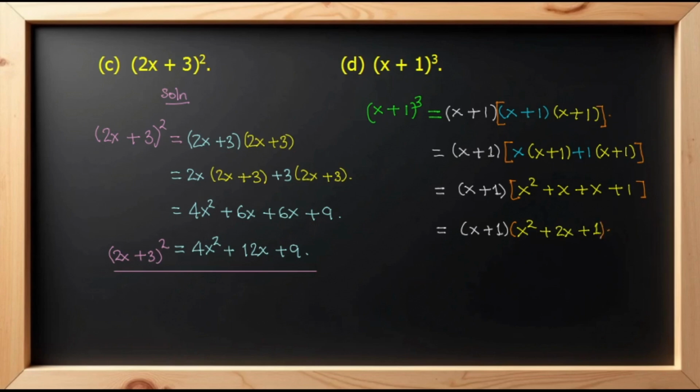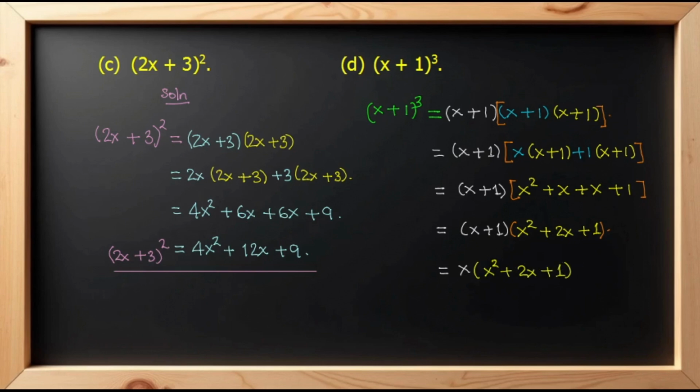and here we can also go ahead and distribute the two elements to our second bracket. So the first element is here being distributed to the second bracket with elements of x squared plus 2x plus 1.